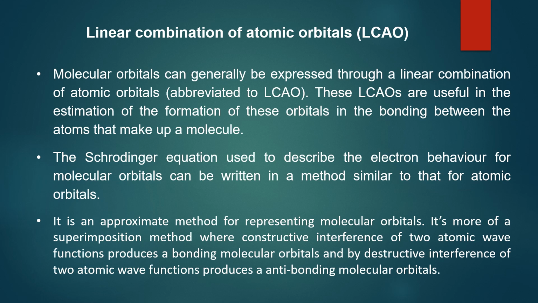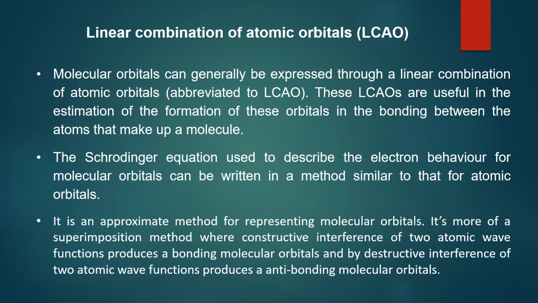The Schrödinger wave equation used to describe electron behavior for molecular orbitals can be written in a method similar to that for atomic orbitals. It is an approximate method for representing molecular orbitals.